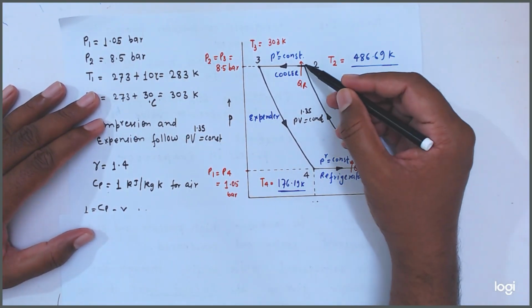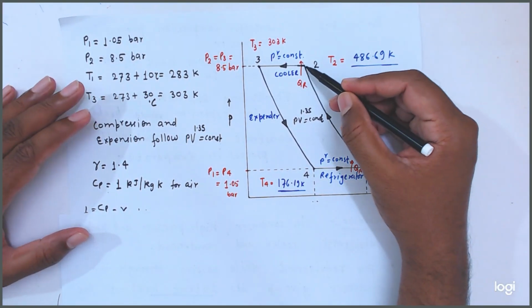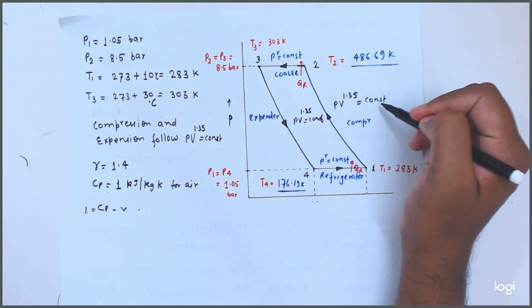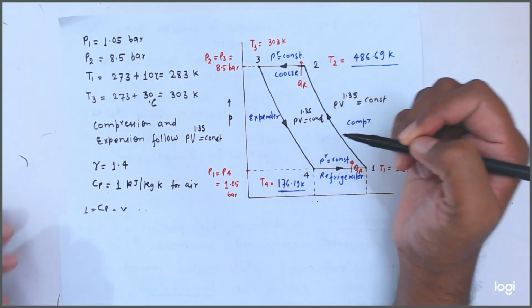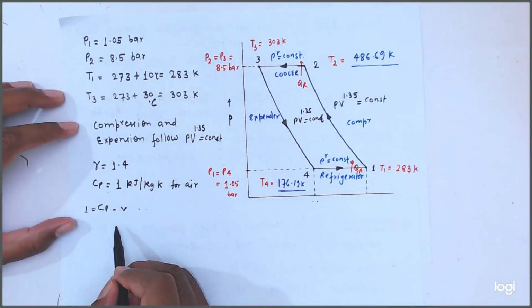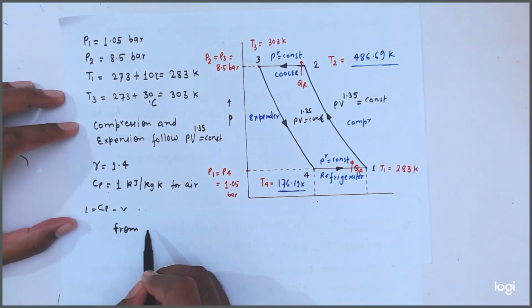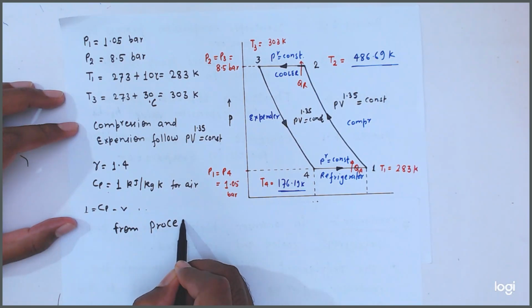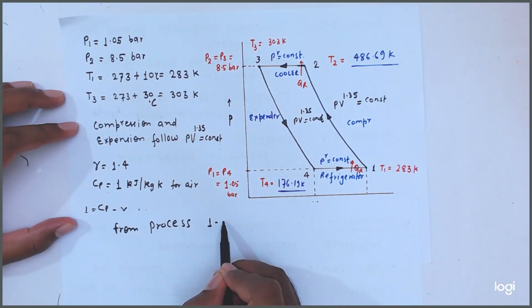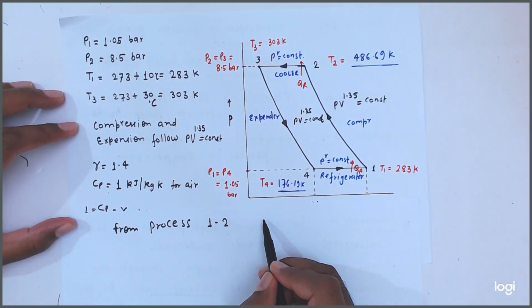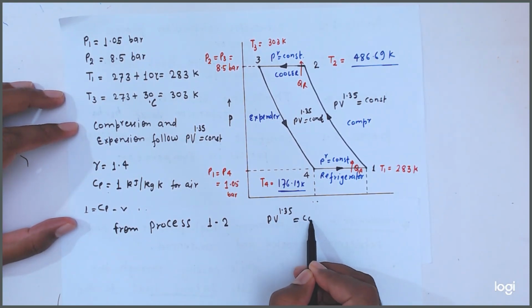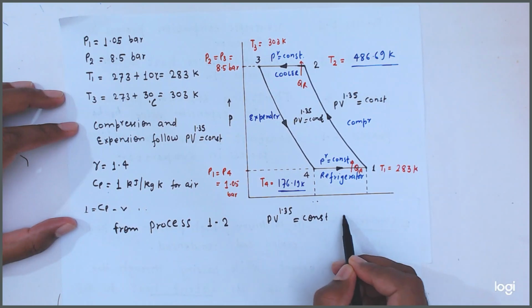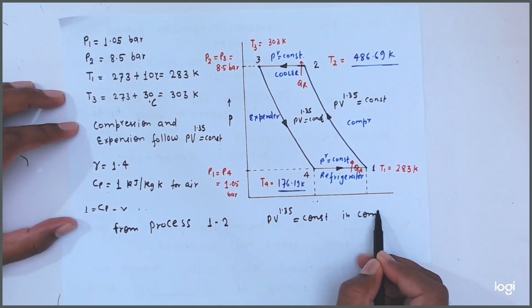This is an isentropic process and this is also an isentropic process. So process 1 to 2, it is the what? Pv to the power 1.35 is equal to constant in the compressor.